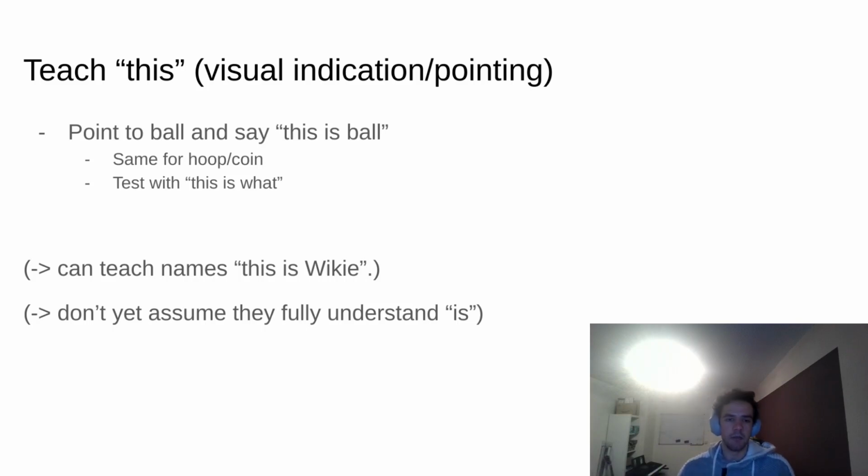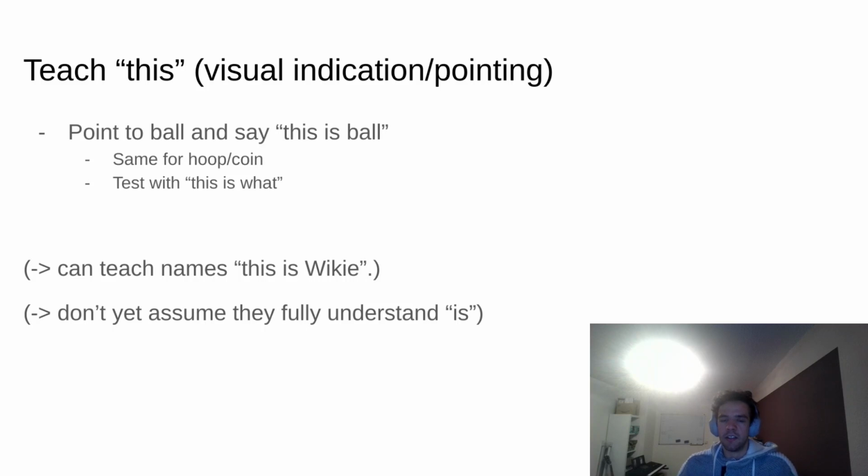And by the way, it could also be used to name objects or people or orcas, which might be people, I don't know. And just as a side note, we could maybe get it to the point that they can correctly respond to such examples, by testing again with this is what, and then they have to say ball or whatever if we point to a ball.